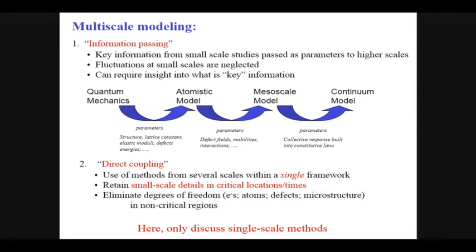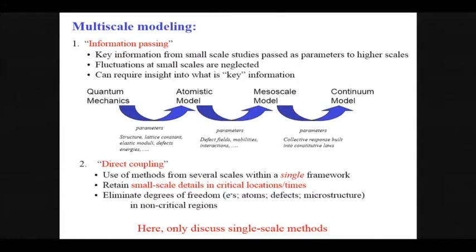When you're passing information, it assumes that the model you have at this scale is the correct model, and that all you need is parameters. But this is a big assumption. The model you have at this scale may not be the right model. So sometimes you do something at one scale, and you find behavior that doesn't fit into this model.